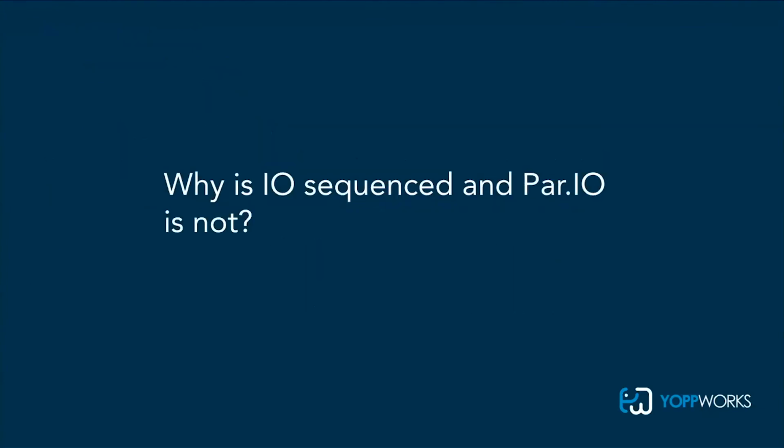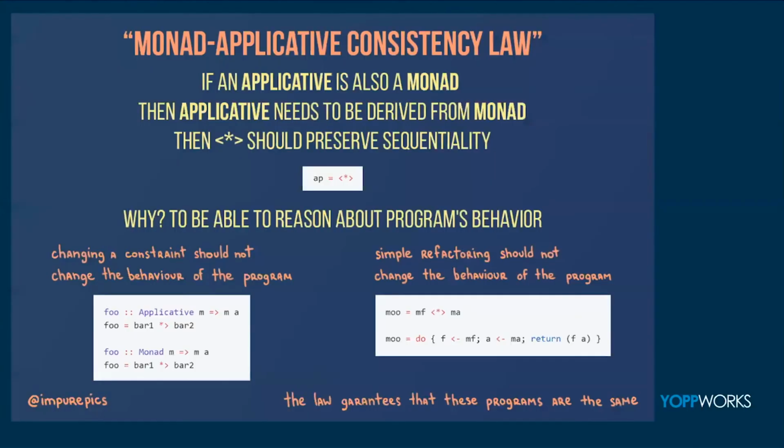So you might be wondering, how do we know when we have a typical program if something is going to be sequenced or if it's going to be parallel? There's a nice principle about this called the monad applicative consistency law, or you might say once a monad, always a monad. So the idea is if something behaves like a monad, it should always behave like a monad.